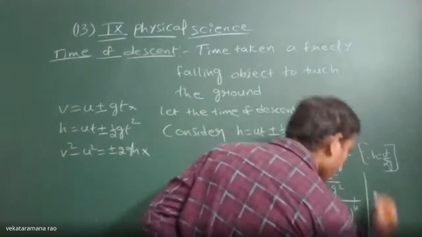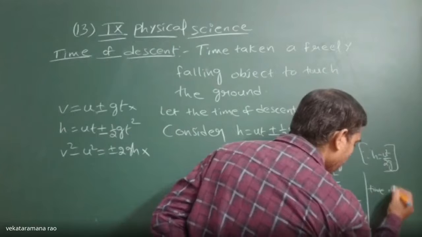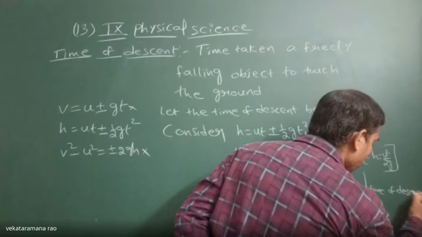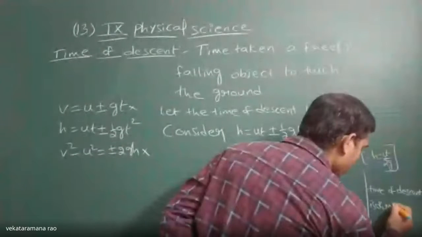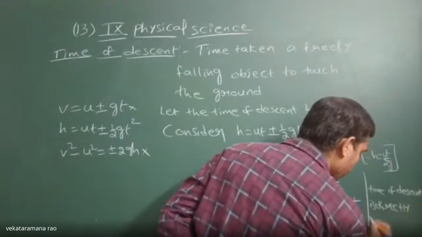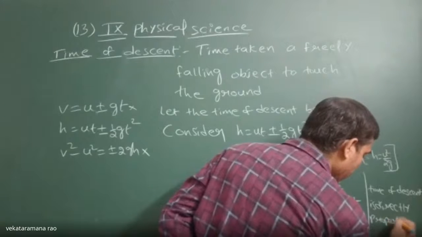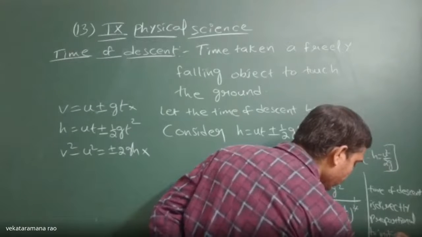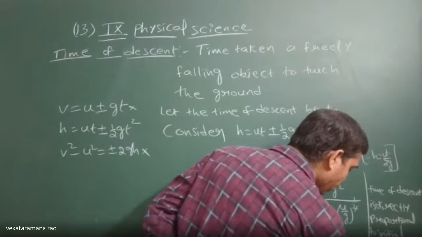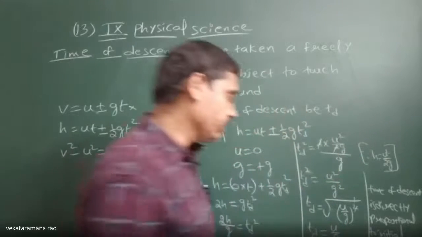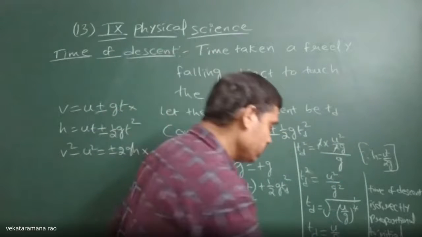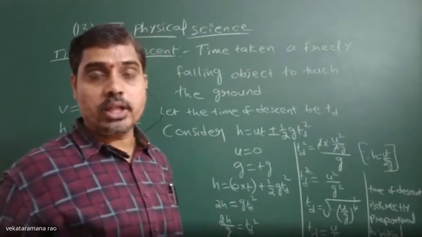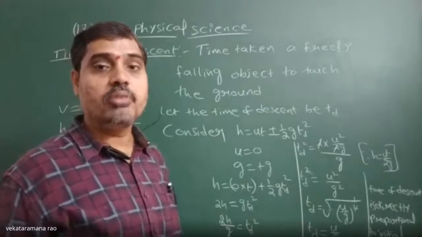That means time of descent is also directly proportional to initial velocity, because g is constant and u is initial velocity.